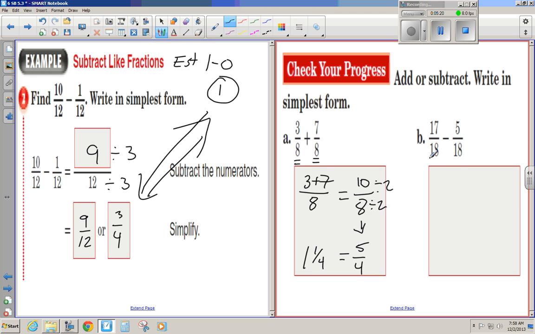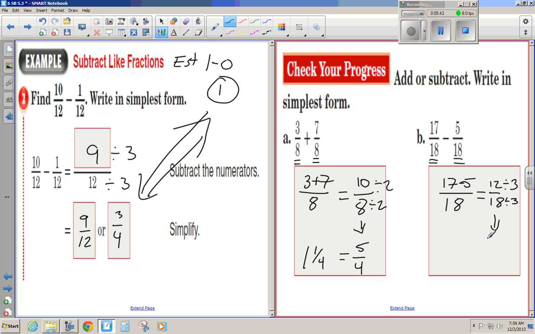Subtraction now. These are the same numbers. So 17 minus 5 divided by the denominator, that ends up being 12/18, which reduces to, let's see, they can both be divided by factors of 3.